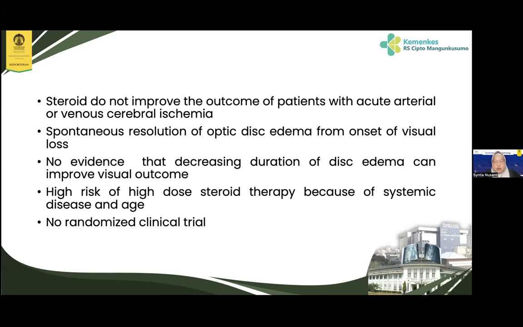There is also a high risk of high-dose steroid therapy because of systemic disease and age, as we know that patients with non-arteritic ischemic optic neuropathy usually have several risk factors. And no randomized clinical trial has been done up until now to use steroid in patients with non-arteritic ischemic optic neuropathy.